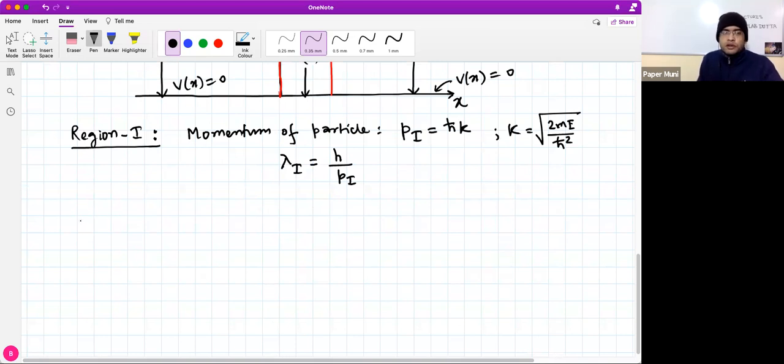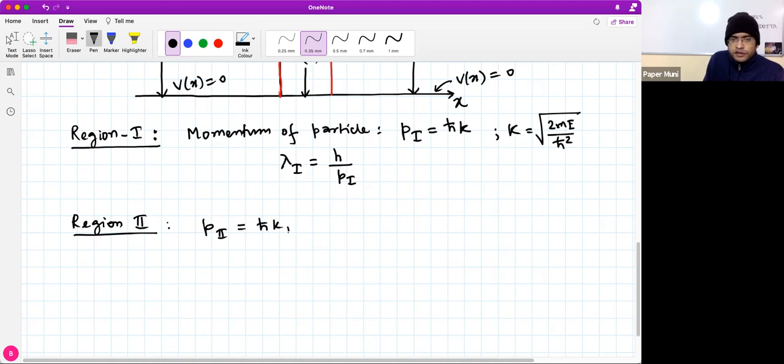Now region 2 and region 3. So region 2, we have p2 is equal to h cross k1.